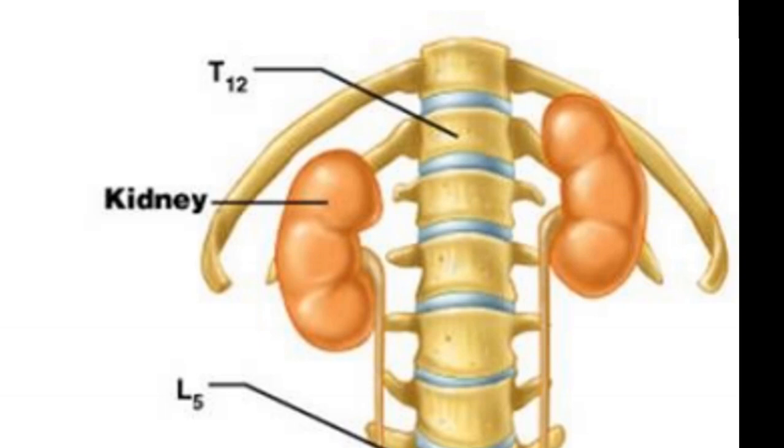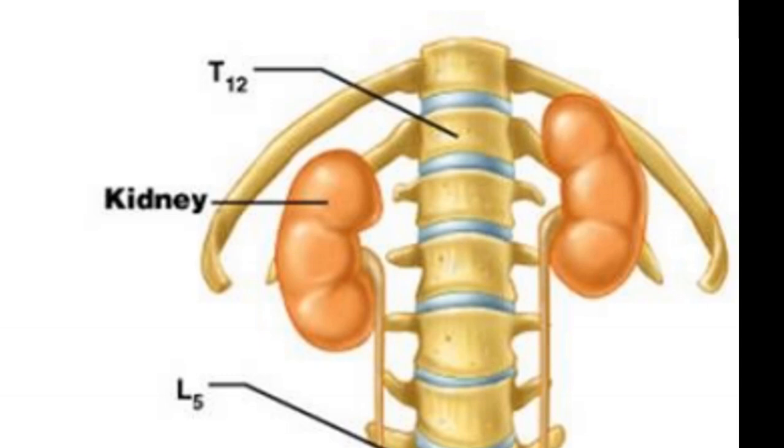The upper pole is broad, in close contact with the corresponding suprarenal gland, and the lower pole of the kidney is pointed. The lateral border, as I said, is convex. The medial border is concave. The middle part of the medial border is depressed and is known as the hilum or hilus.